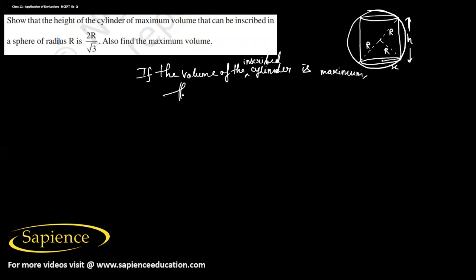So here it is told that if the volume of the inscribed cylinder is maximum, then the height of the cylinder should be equal to 2r by root 3, where r is the radius of the sphere.